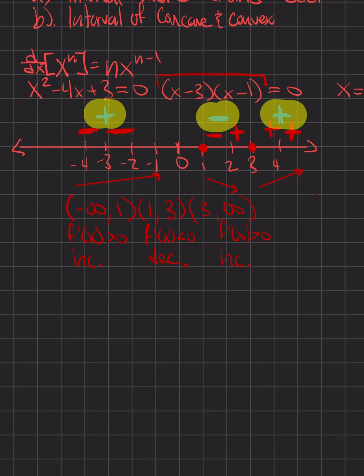So right here, let me write this down below. At x equal to 1, we're going to have a maximum. And then where x is equal to 3, that means we're going to have a minimum. Hold on, let me write this. Oh, dang. Messing up my m's.